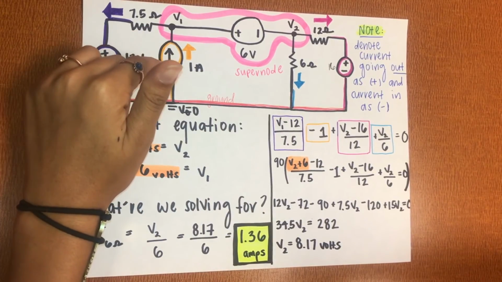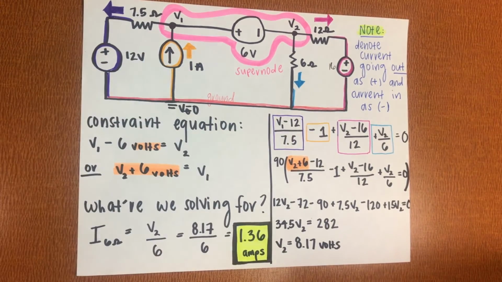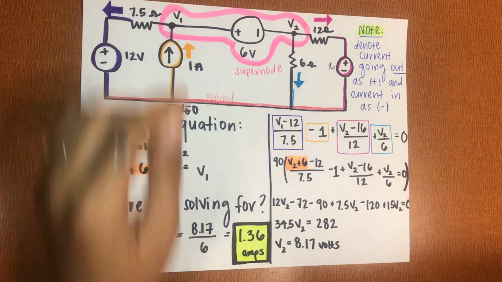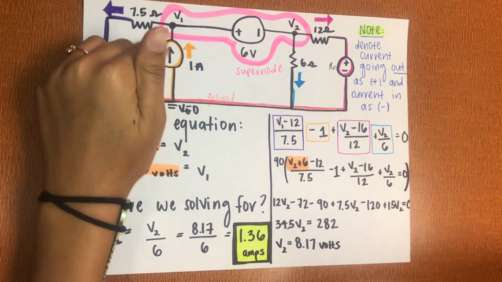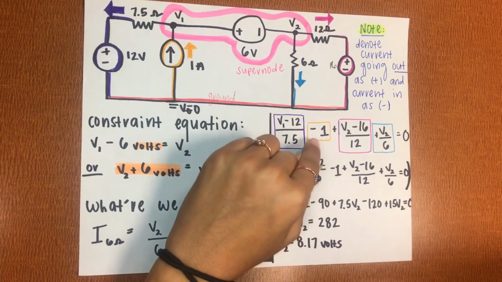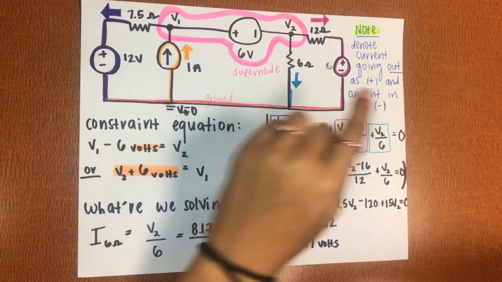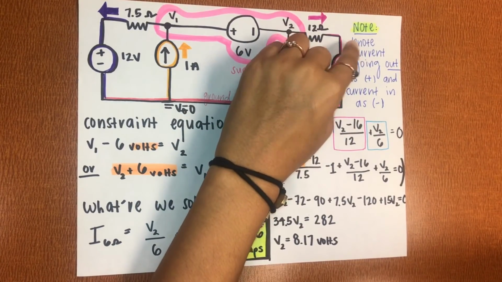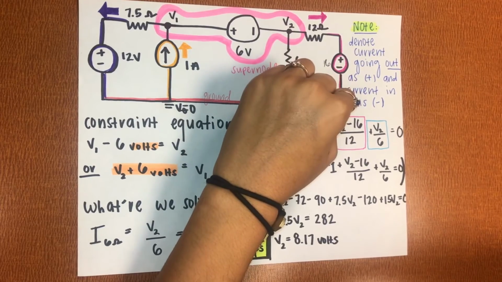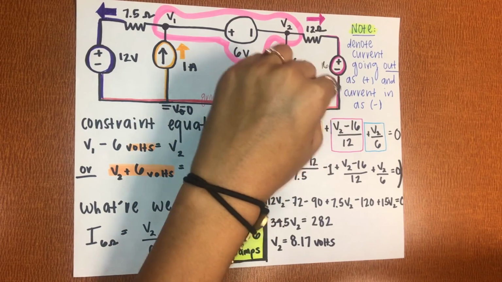Next, we say that there's a current source of 1 amp entering the node, so we denote this part of the equation as minus 1. It's important to note that we denote the current going out as positive and the current going in as negative, and that's just convention to simplify our question.